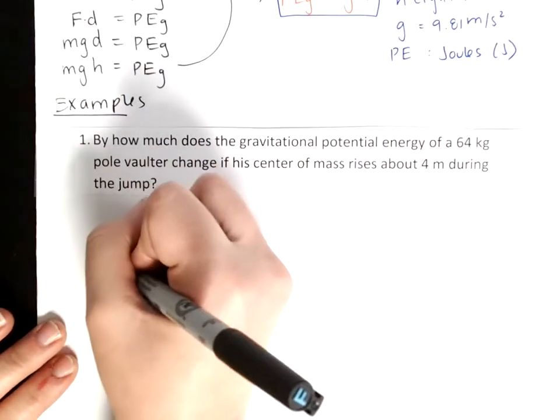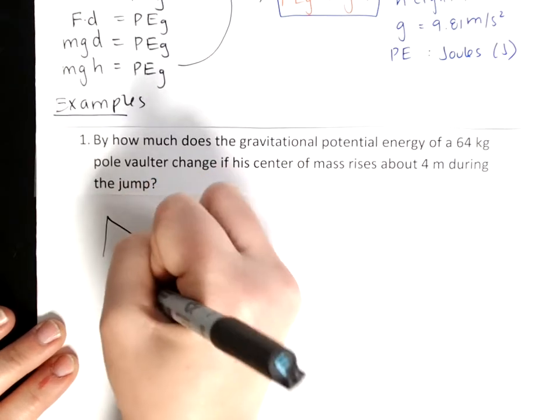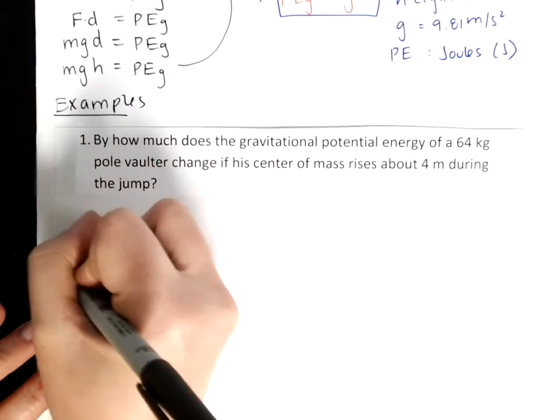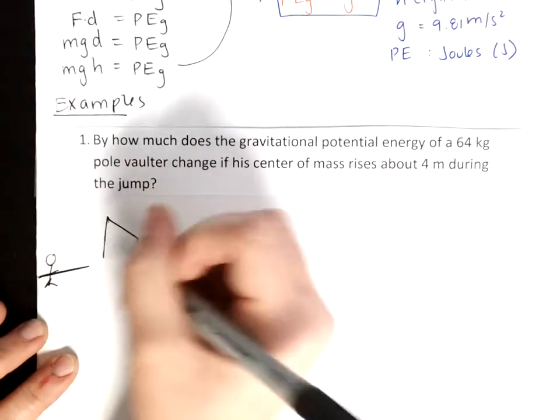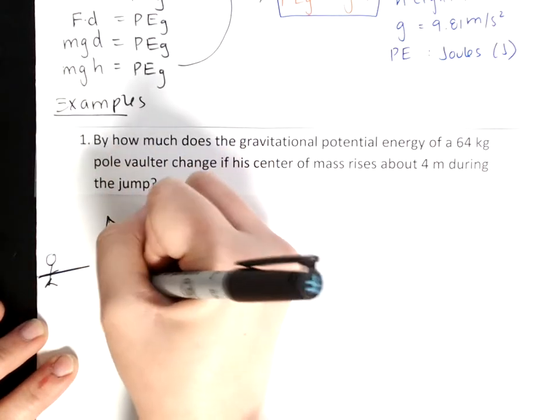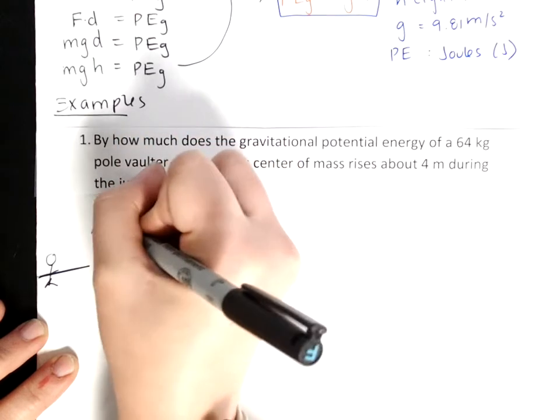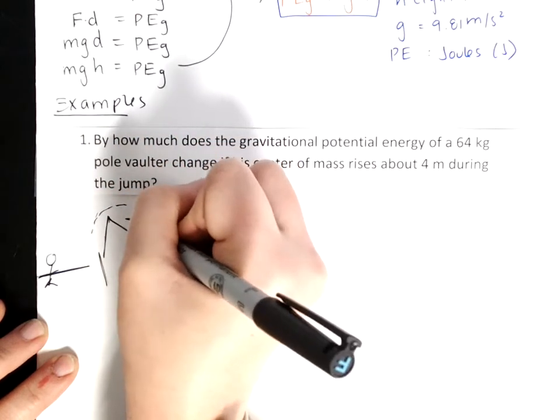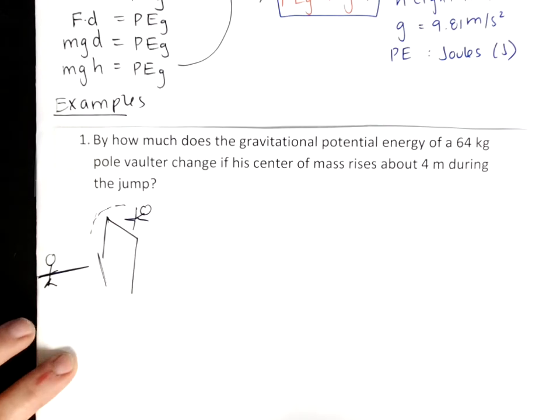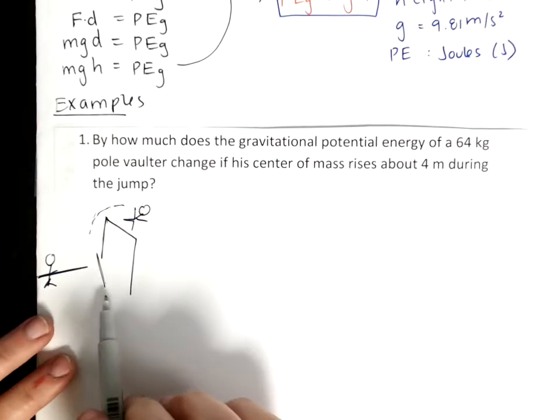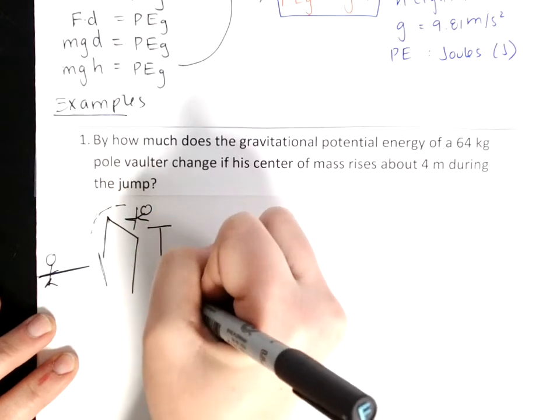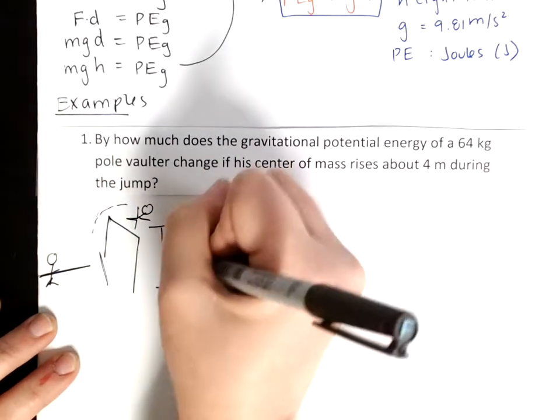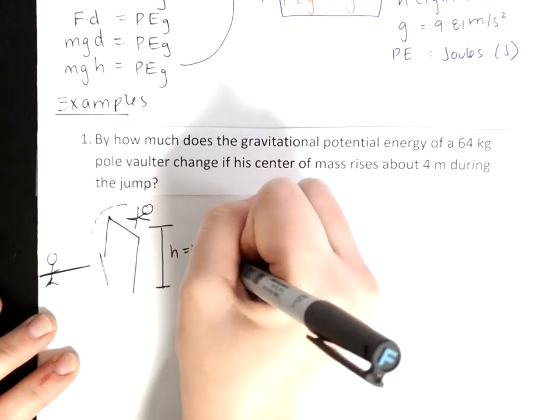So basically there is a vault that this pole vaulter has a pole, and he's going to run up and stick the pole in the ground right here, and he's going to fly over the vault. He is doing work, converting his work to potential energy, so he has a certain amount of potential energy up here. His height is 4 meters.